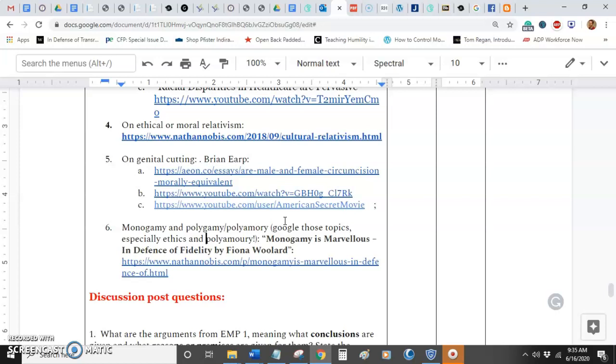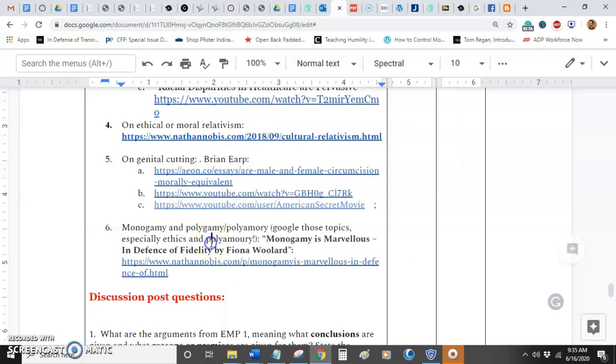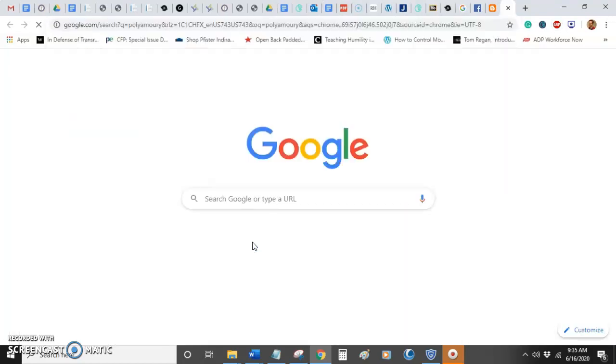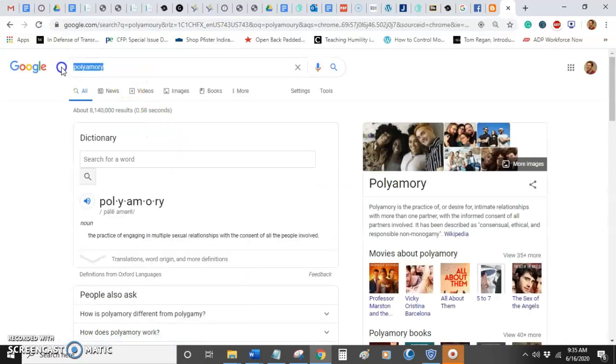Polyamory is being in a relationship with multiple people and everybody knows about it. I think I might be spelling this word wrong. Let me check. So it looks like I spelled it wrong.